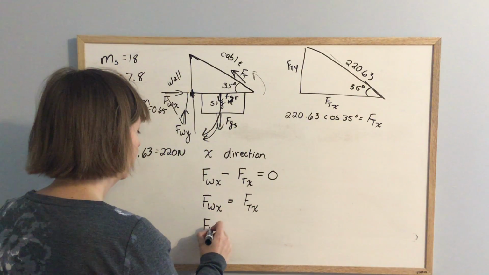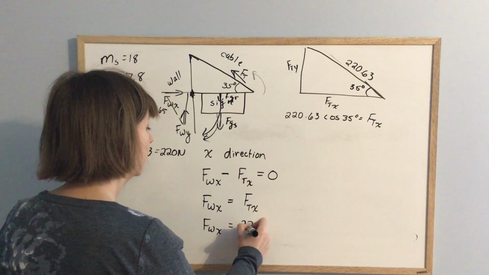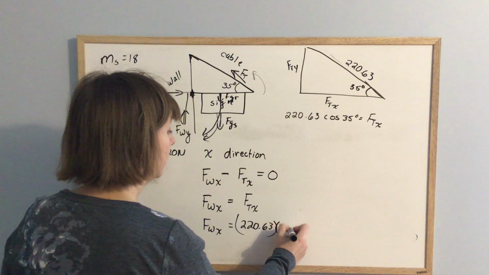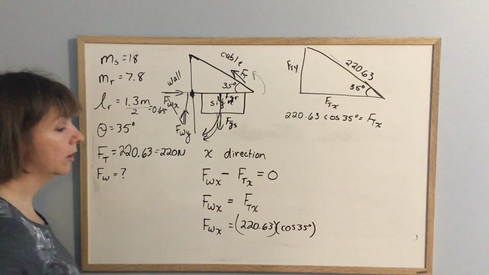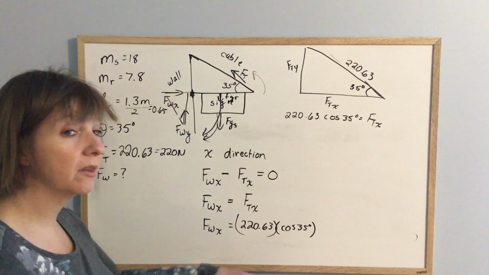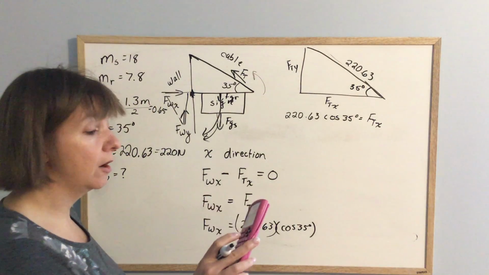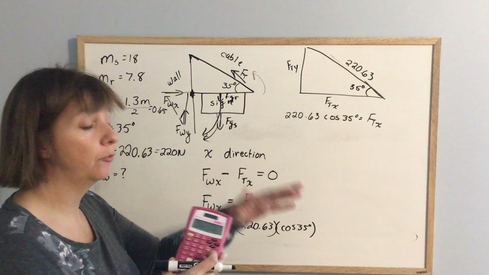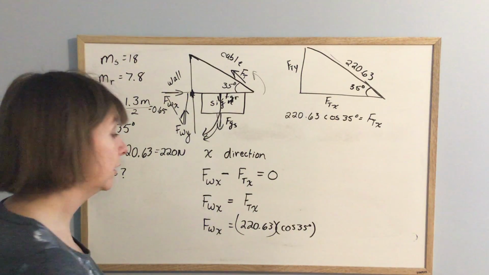So the x component of the wall is also 220.63 times cos of 35. Notice I'm not using the 220, I'm being more specific than that. In fact, you can't see it, but I haven't even erased the big full answer off of my calculator so that I can continue to use it here.